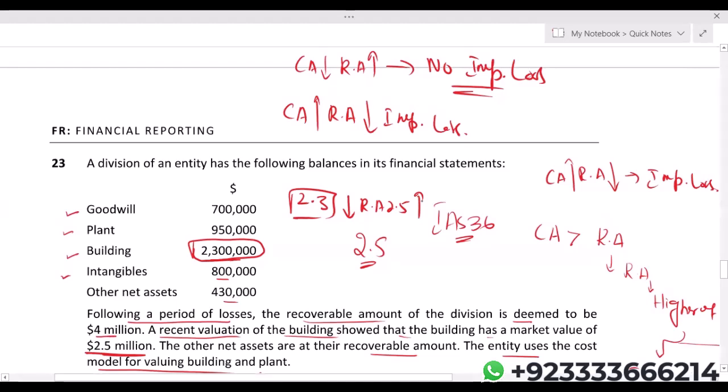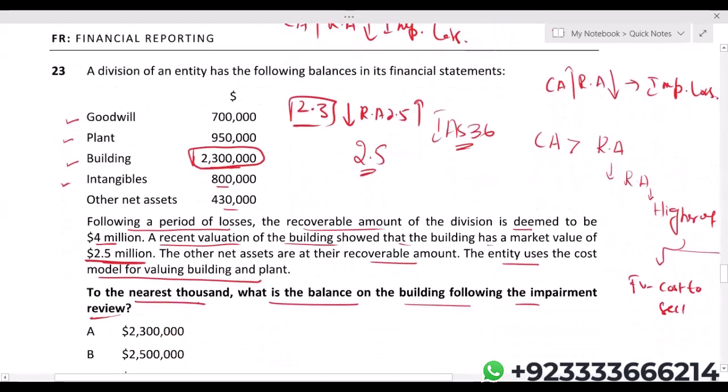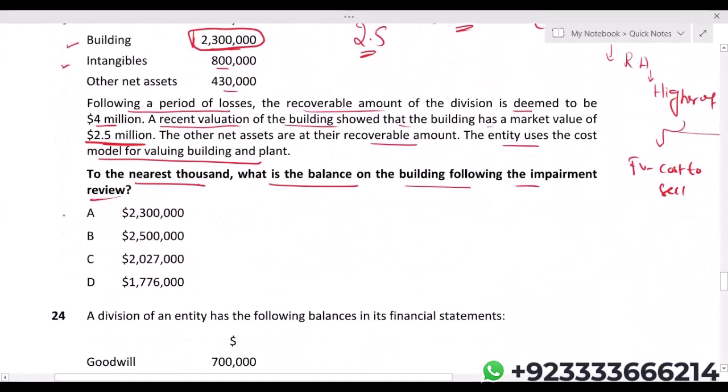If the recoverable amount is more than the carrying amount, your asset will remain at its carrying amount. Only when the carrying amount is more and the recoverable amount is less will you reduce the carrying amount. So here the building will remain at 2.3 million. It is not going anywhere.